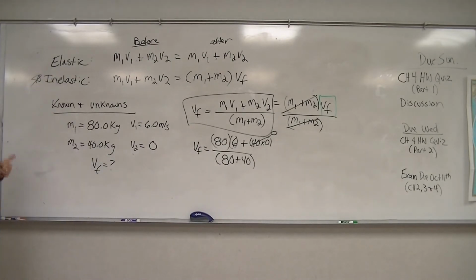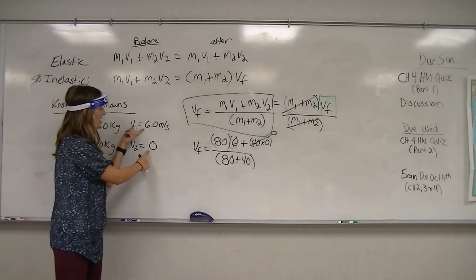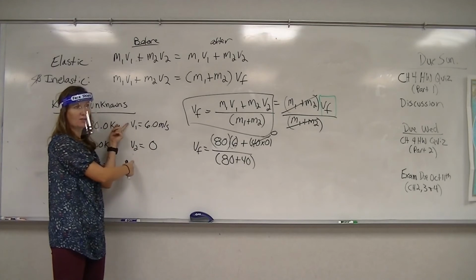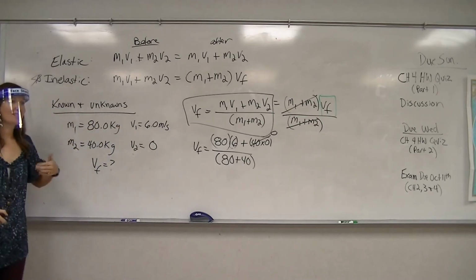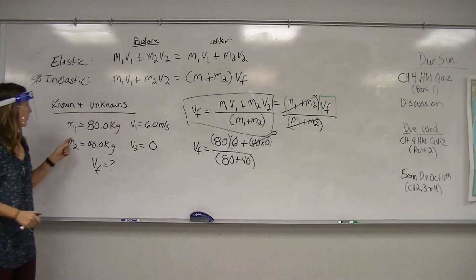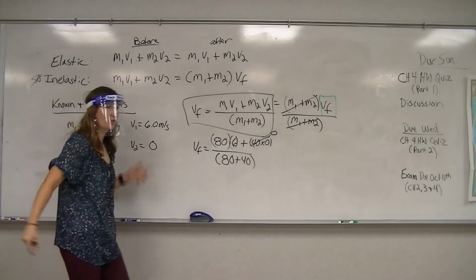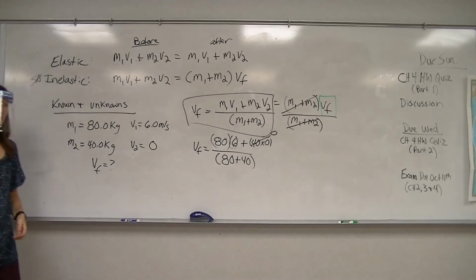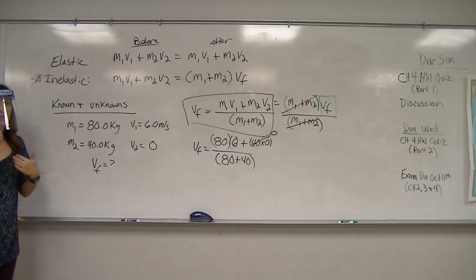So what we should see with collisions is that the velocity we get, the final, should be in between the two initial velocities. What I mean by that is, since momentum is conserved, when grandma goes to grab her grandson, she's going to slow down. Her velocity is going to go down. But if her velocity goes down, we need momentum conserved.